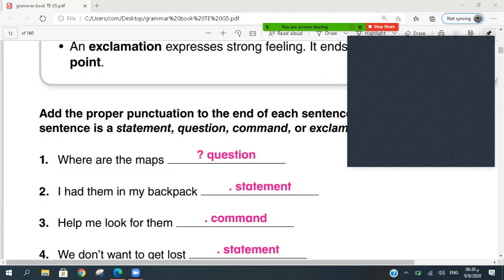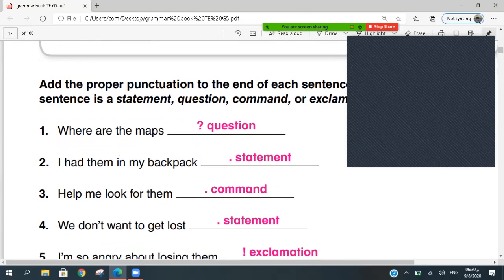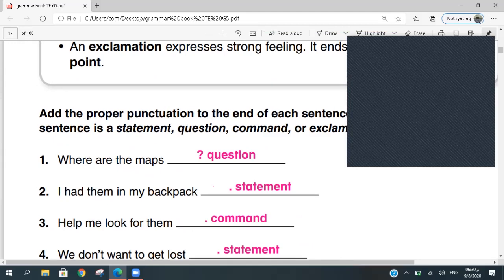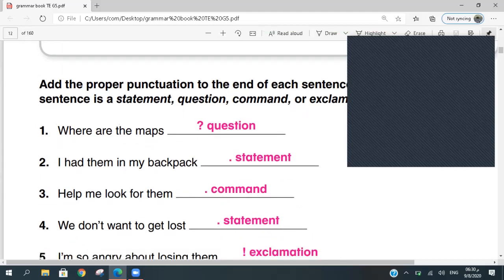Sama, yes, teacher. Can you try number 5, please? Okay. I am so angry about losing them. Statement. No, if you feel angry, if you feel happy, if you feel sad, so these kinds of feelings, Sama, we call it exclamation.